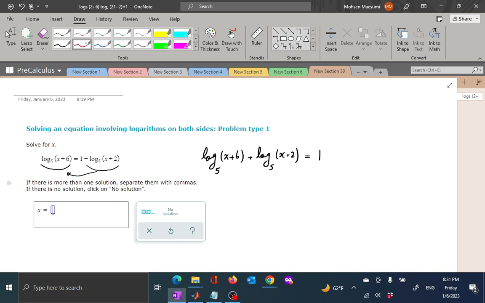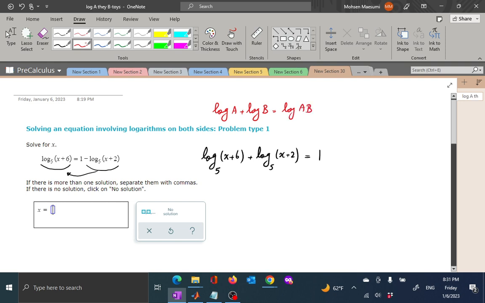Next, I say, do you remember that logarithm of a plus logarithm of b was logarithm of ab? It could be any base so long as they're all the same base. So I can take this thing and write it as a logarithm of this expression.